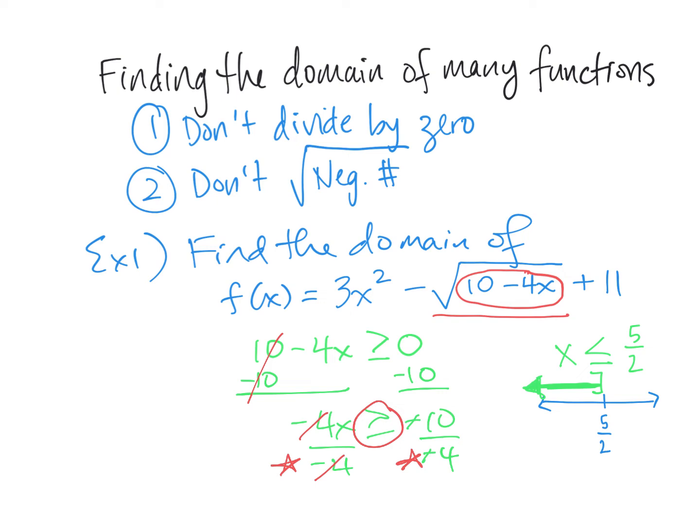So interval notation, final answer. What do I have shaded? I have all the numbers from parentheses, negative infinity, comma, up to 5 halves with a square bracket. And let's box that in blue. And that's my domain for that function, okay?